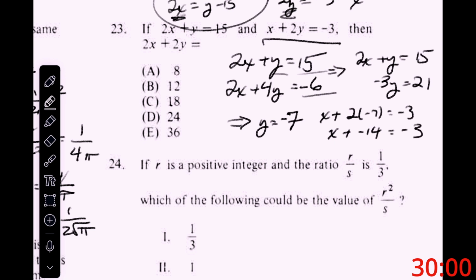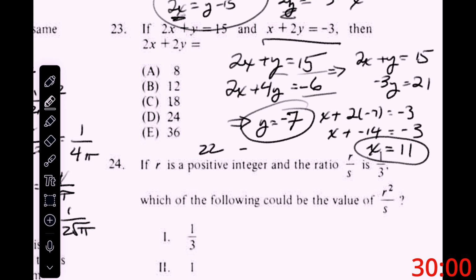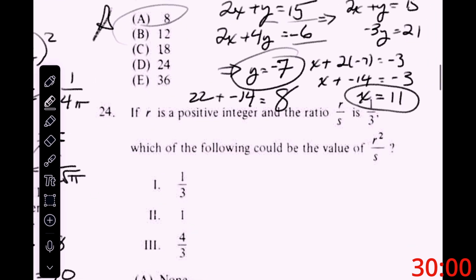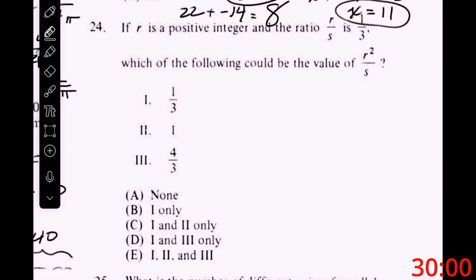So I need to add 14 to both sides, and I get x is equal to 11. X is 11, and y is negative 7. So 2 x's is 22. 2 y's is negative 14. And their sum is 8. I don't feel great about that. I feel like there's something clever I should do that I didn't do.